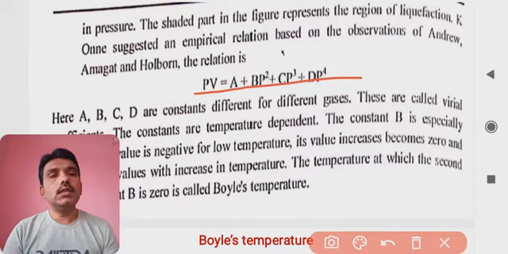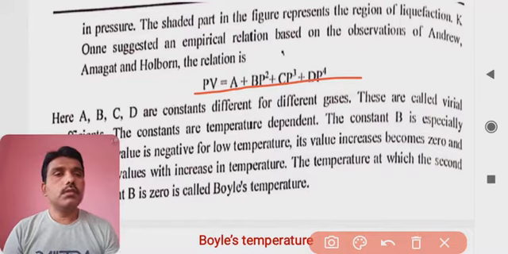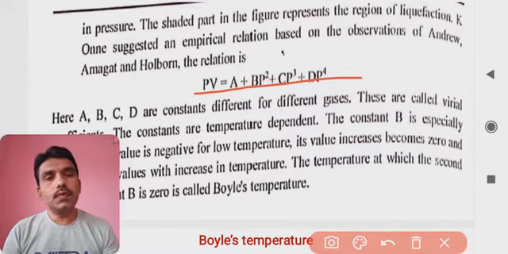Here A, B, C, D are nothing but constants, different for different gases. And this relationship comes with the real gas equation, which states PV is equal to RT.